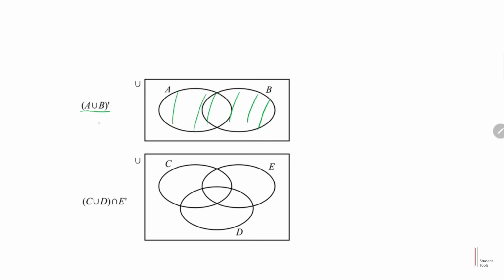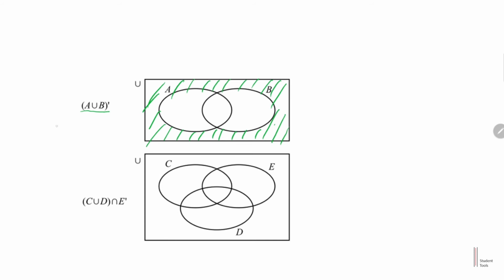But here we are told that we are supposed to shade not A union B. So that means the part that we are supposed to shade is this one. The one which is not A union B, the outer part. And that is just how we do it for the first one.